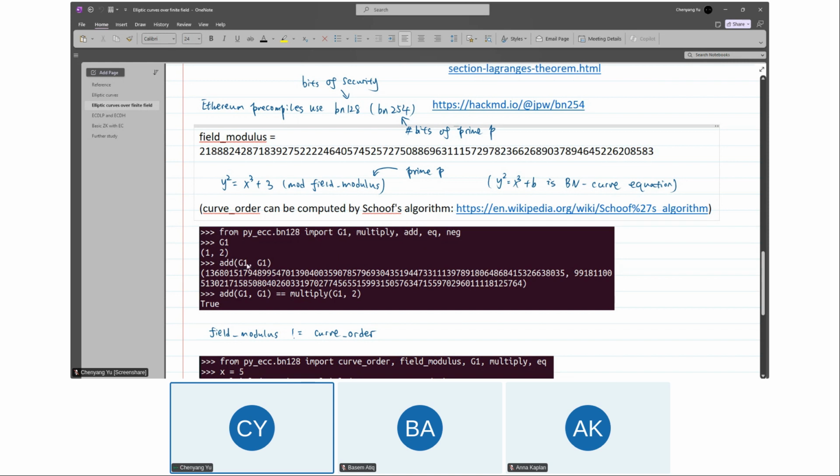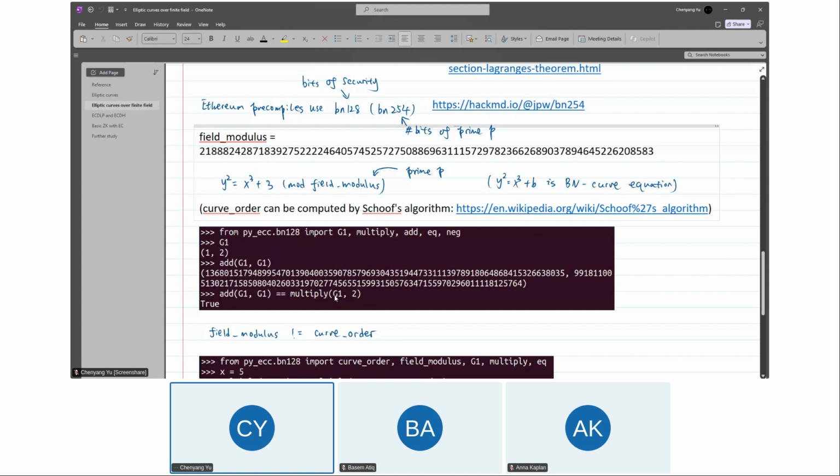You can add it like this. Add means G1 plus G1, and G1 plus G1 is this huge number here. You can assert that G1 plus G1 equals 2 times G1. Here's a gotcha: you have to put G1 before 2.